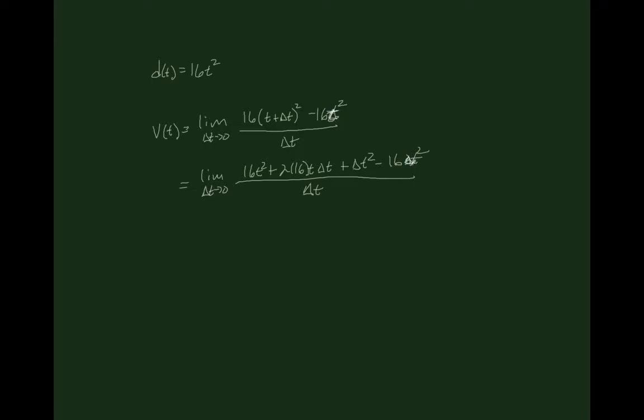I guess I'm not doing much better with the symbols. Those guys subtract to 0. So we end up with 32t delta t plus delta t squared divided by delta t, which is the limit.